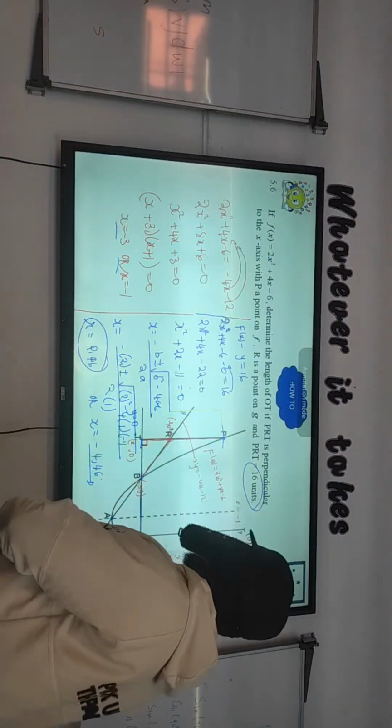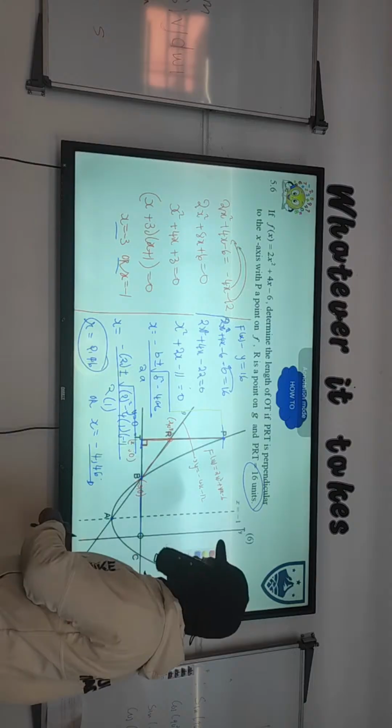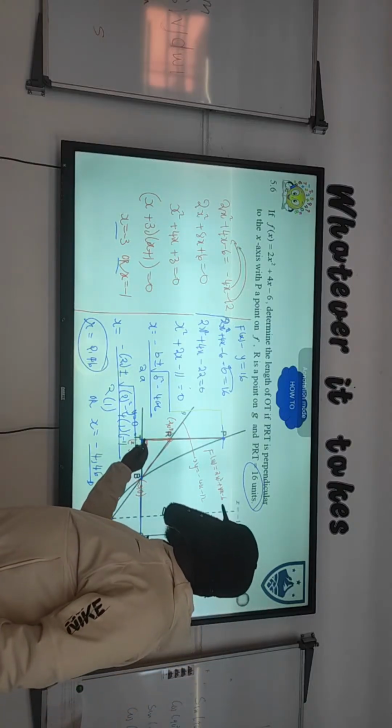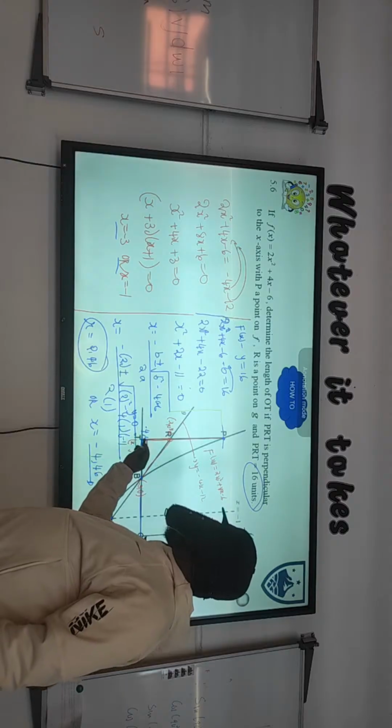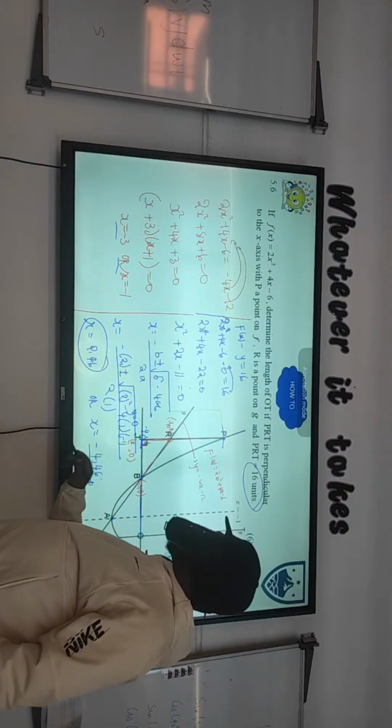You'll pick the one that is negative, which is on the side. So this point will actually be at negative 4.46. That's x.